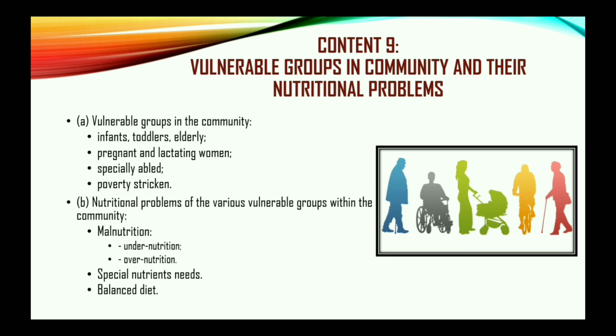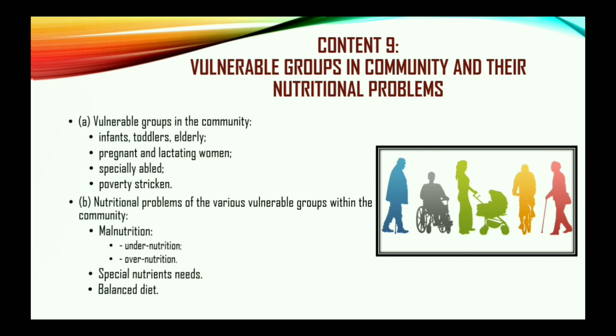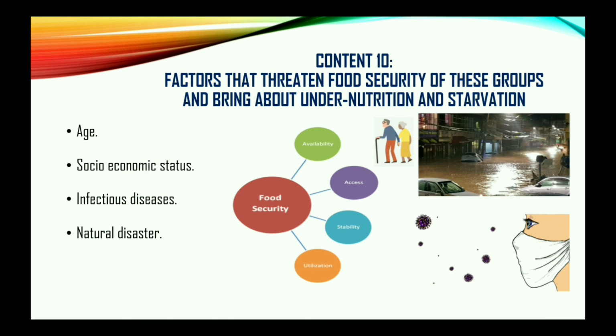Specially abled, they may also need persons to get the food for them based on the disability that they have, and poverty-stricken persons may not be able to afford nutritious foods. So these are why these groups are vulnerable members of the community. And the nutritional problem, they may have undernutrition issues or overnutrition issues. Good. And it is very important for them to have a balanced diet.